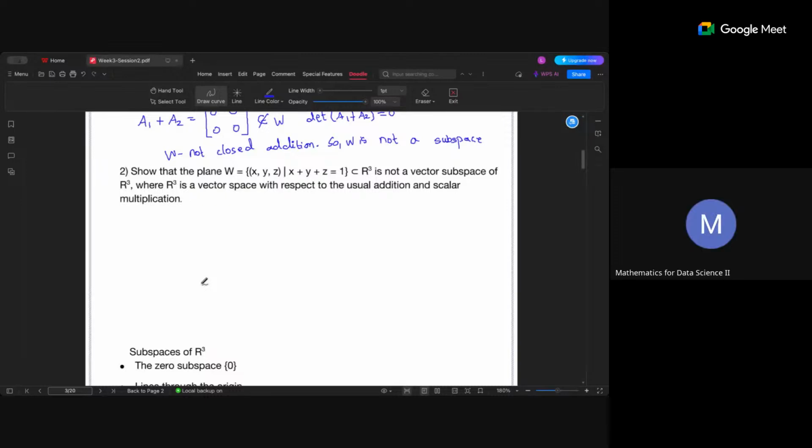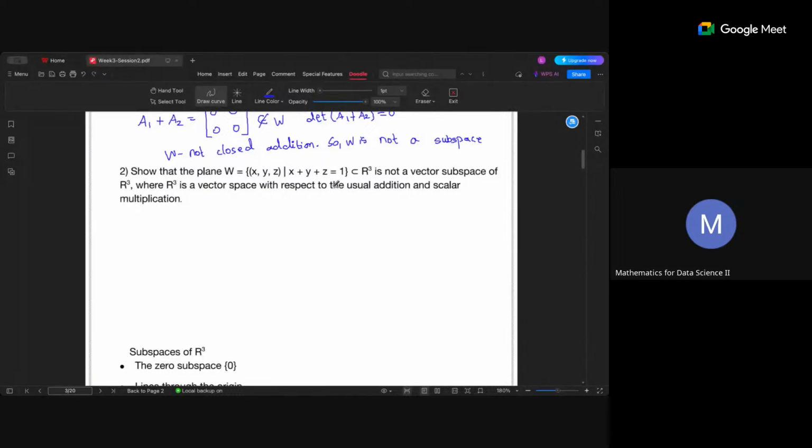So what happens to a line which does not pass through the origin? What is primarily missing in that line? The origin, zero. Origin is not there. So now the same you should think for planes in R3 also.